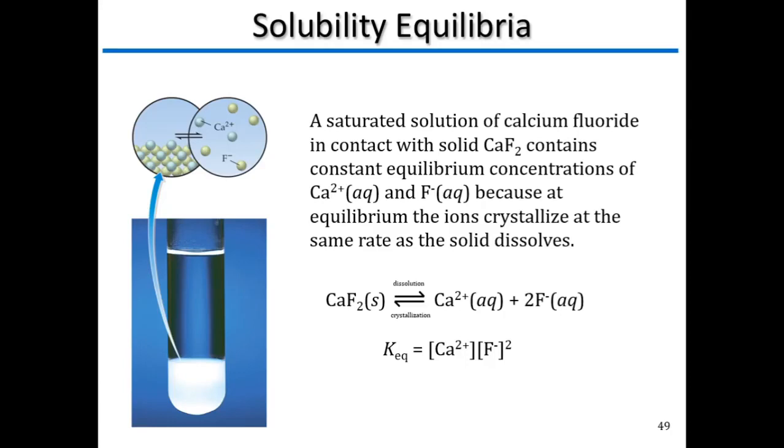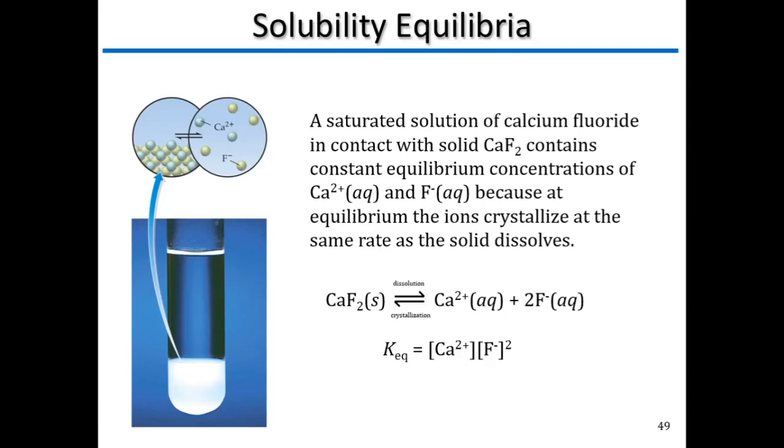They're crystallizing and dissolving at the same rate. If you remember back to when we talked about vapor pressure and dynamic equilibrium, this is similar. What we're dealing with when we talk about solubility is how much of that solid will actually dissolve into a solution.